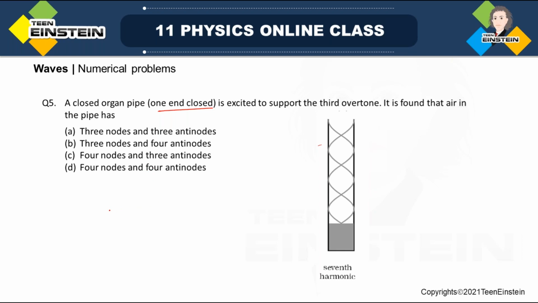The fundamental frequency will be n by 4L root over gamma p by rho. This is the actual natural frequency.